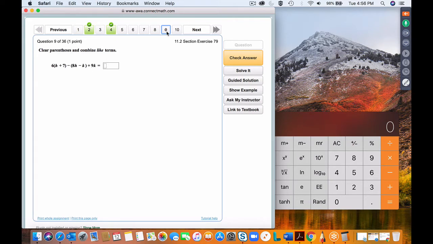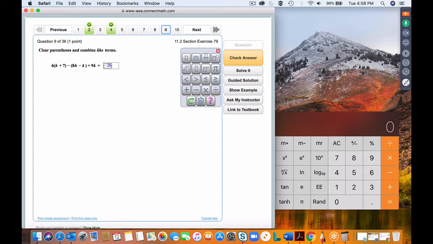We have to do distributive property, because that number has to multiply with each of those inside, the h and the 7. And then we have to add all the h separately, and then we add all the k's, and in the end we add all the numbers. So I have 6h minus 8h is minus 2h.